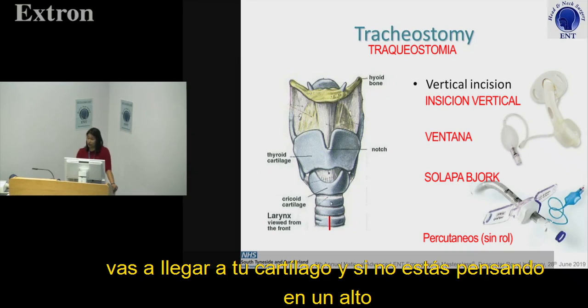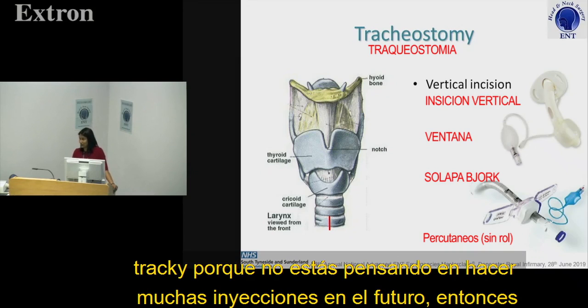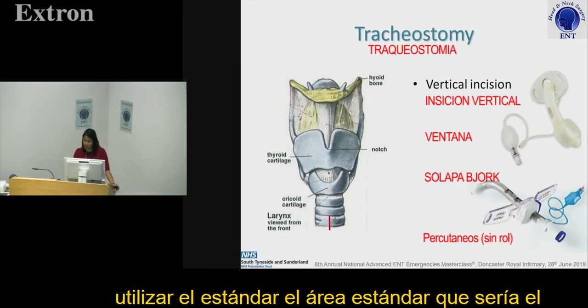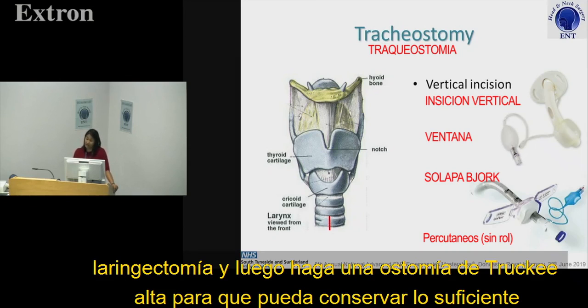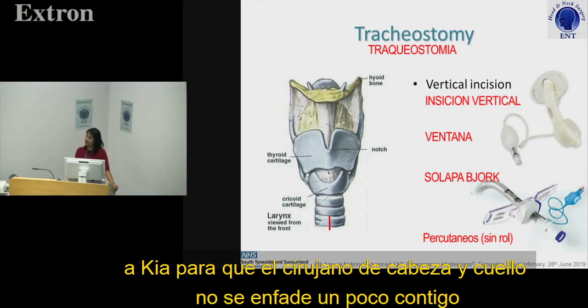If you're not thinking about a high trachea, because you're not thinking about doing a laryngectomy in the future, then use the standard area, which would be the third tracheal ring. If you're thinking this person will likely require a laryngectomy, then do a high tracheostomy so that you can preserve enough trachea so that the head and neck surgeons don't get a bit annoyed with you.